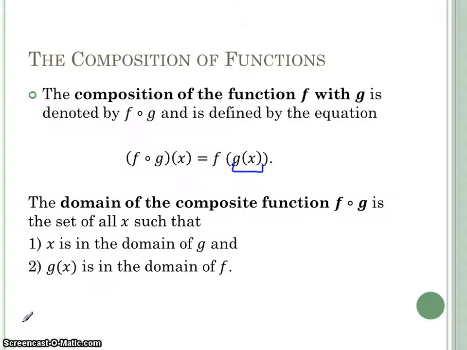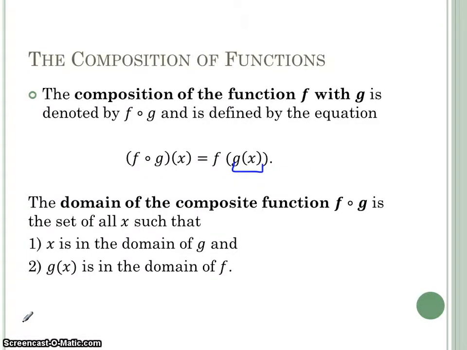All right, so just like with our combined functions, we're still worried about domains because anytime you're messing with functions, you kind of need to worry about what you're actually allowed to use for your x. So how do we actually figure out the domain? So what you do is you look at first, okay, what actually works for g? So that function that you're replacing in, what actually works there?